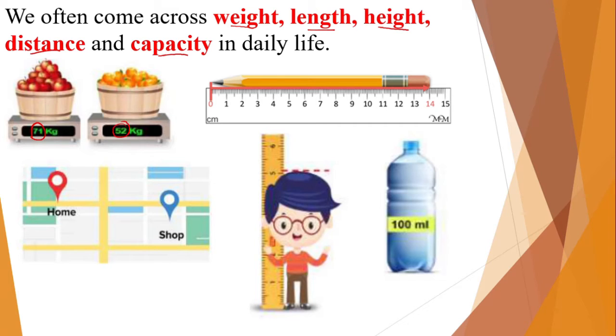To measure the length, for example measuring a pencil with a scale, there also we are using numbers. To measure distance and our height also we are using numbers, and to measure the capacity of a bottle of water, a bucket of water, etc., there also we are using numbers. So like this, numbers are used in our daily life.